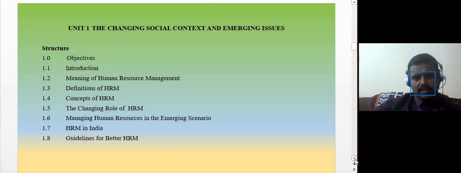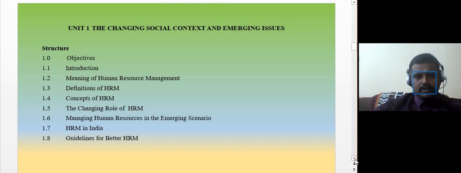The first one, this is called the structure, and these are all the areas Unit 1 covers. First one, objectives. Second one, introduction. Third, meaning of human resource management. And fourth, the definitions of human resource management.